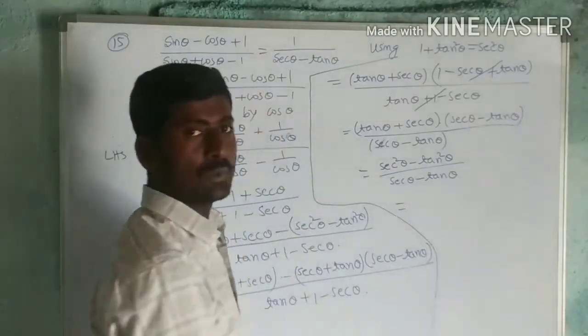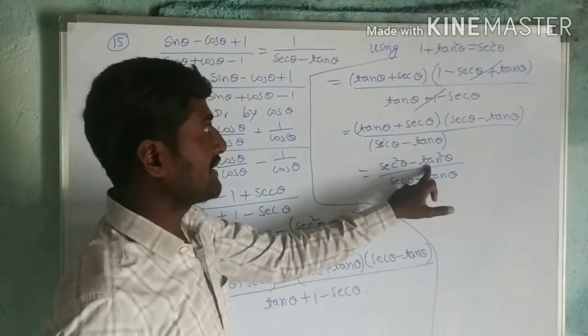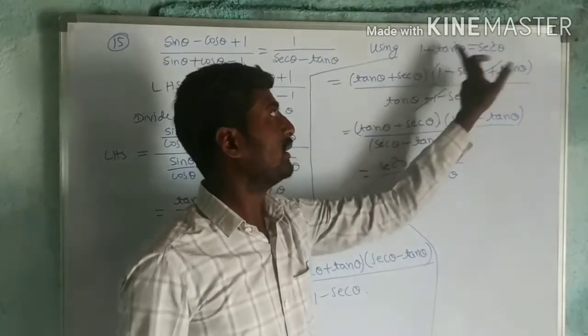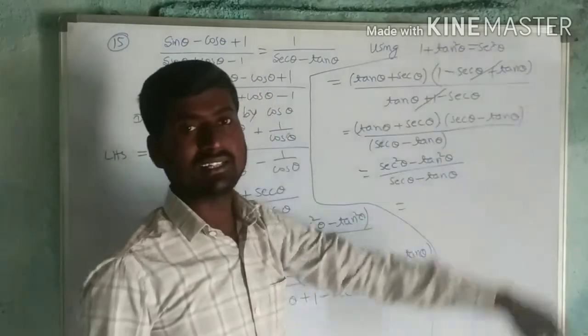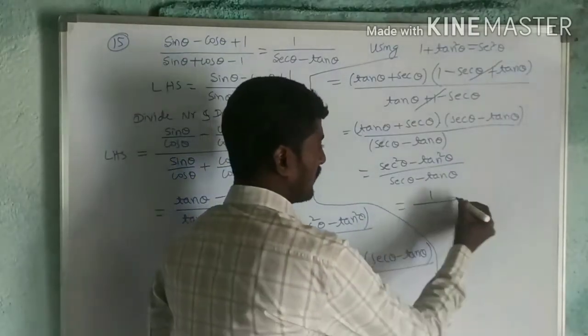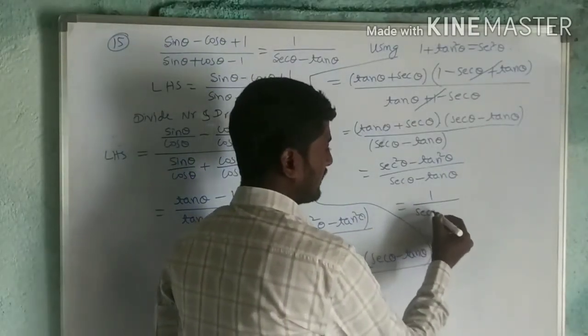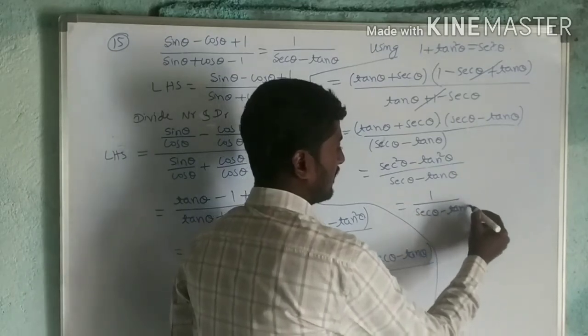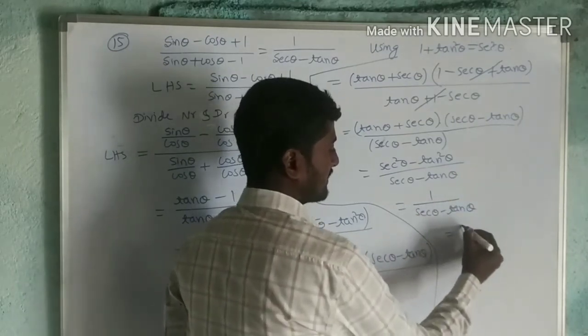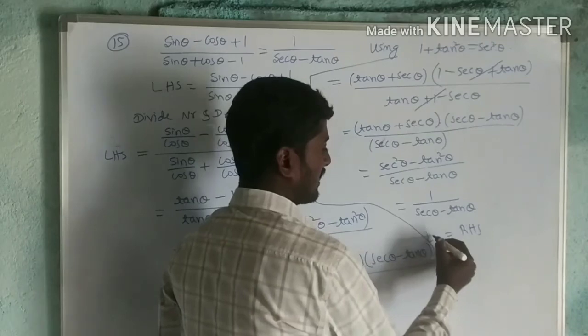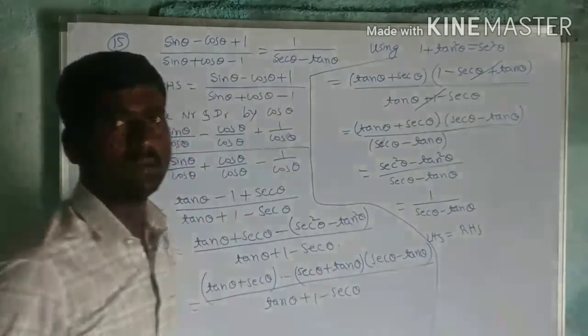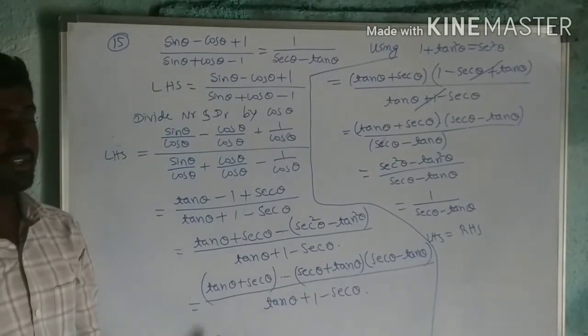Now sec square theta minus tan square theta is nothing but 1. So it is 1 divided by sec theta minus tan theta. Now this is RHS. Now here I am getting LHS is equal to RHS. This is how we can solve this.